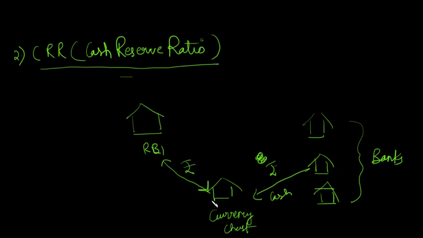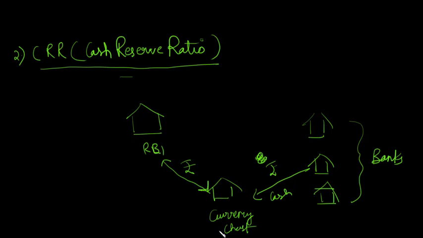Now the question comes, why did I tell the concept of currency chest? The logic behind this is RBI has limited office space to keep all the cash, all the assets and important documents, government securities of the banks.